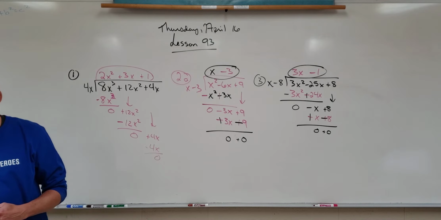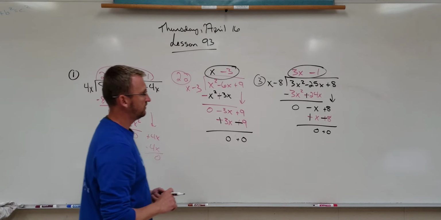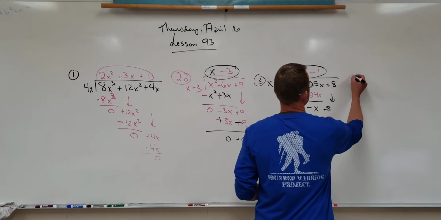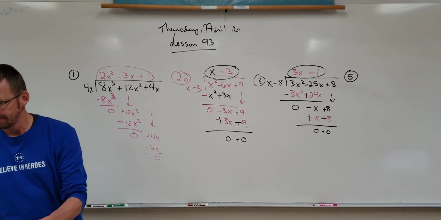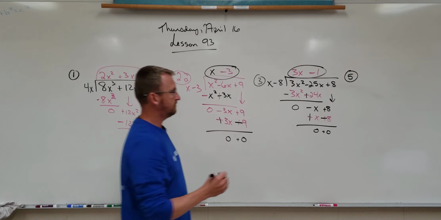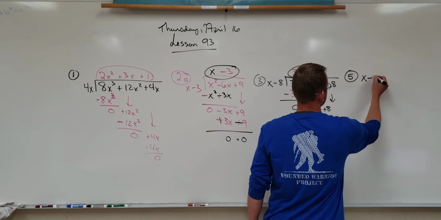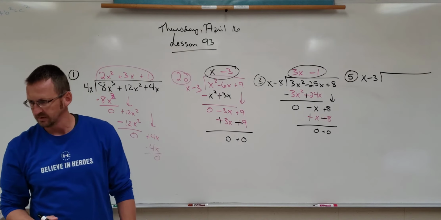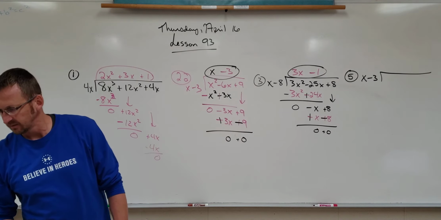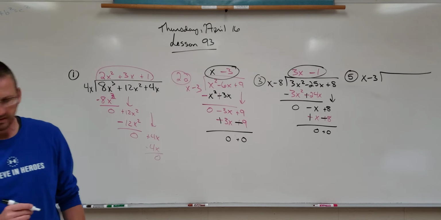Example 5. Again, need to rearrange. We have x minus 3 on the outside. Notice I've already rearranged it for you. And then 3x cubed.